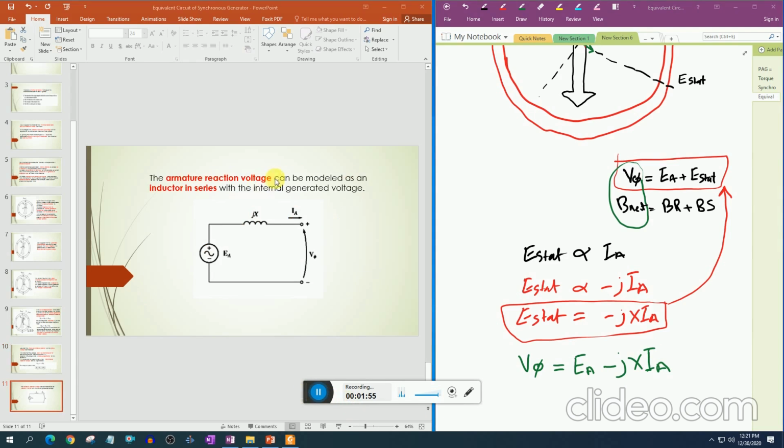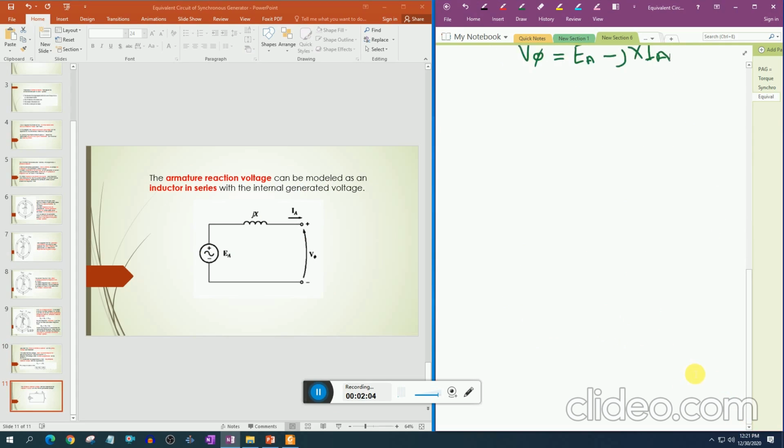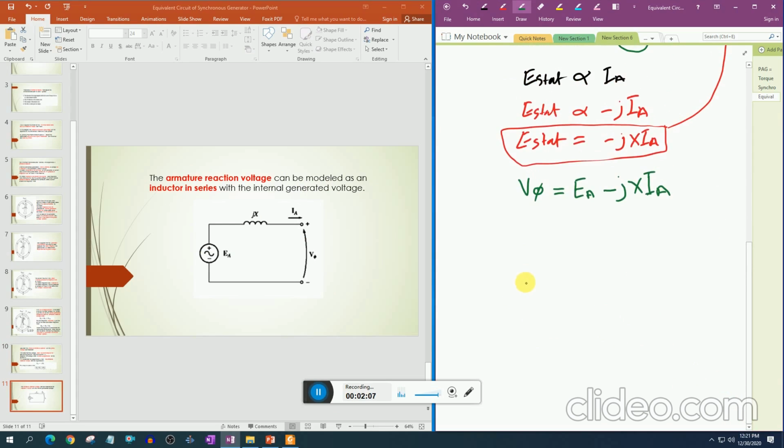The armature reaction voltage can be modeled as an inductor in series with the internal generated voltage. This can be given as EA, reactance X, current flowing in it is IA, and the voltage at the terminal is V phase.